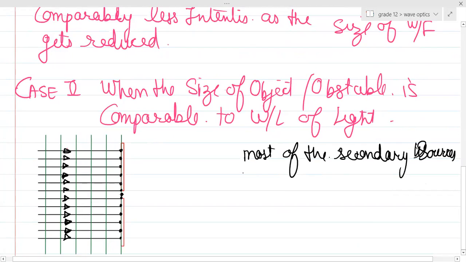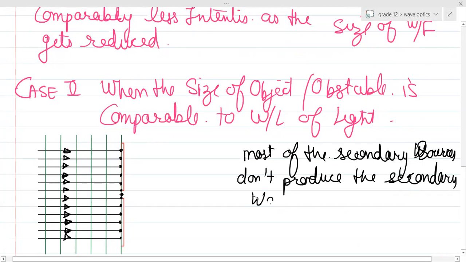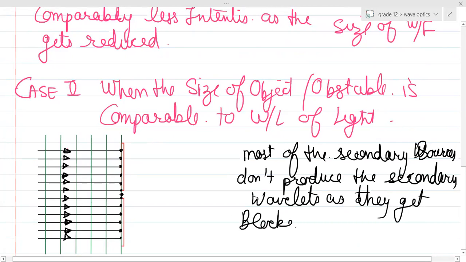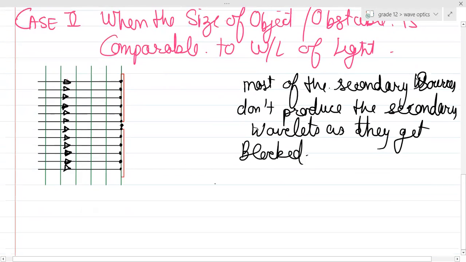Most of the secondary sources don't produce the secondary wavelets as they get blocked. Only few wavelets are allowed.